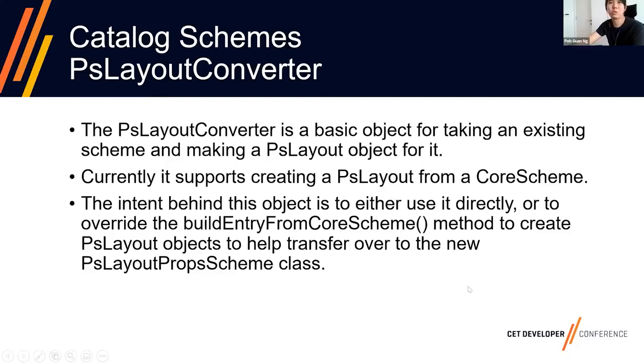This can help speed up the process of migrating schemes over to catalog schemes a lot, because you don't have to sit there and do the dragging and dropping. Of course, if you have any custom properties, that one you still need to do programmatically.